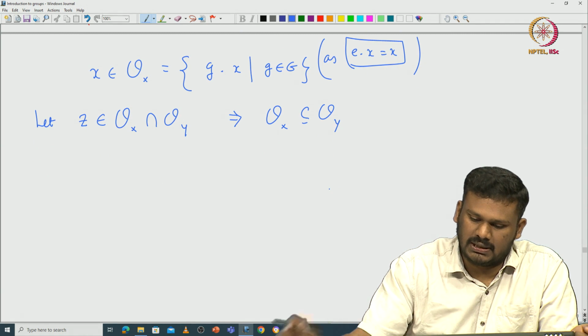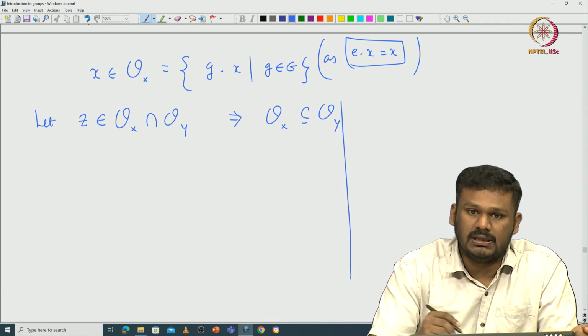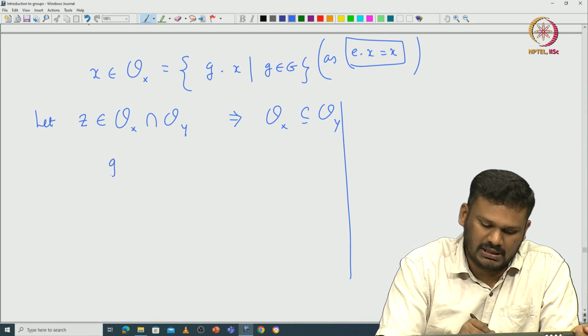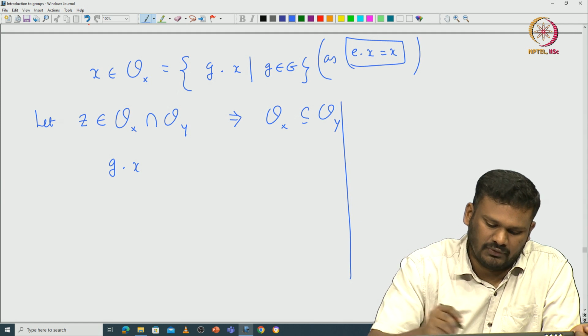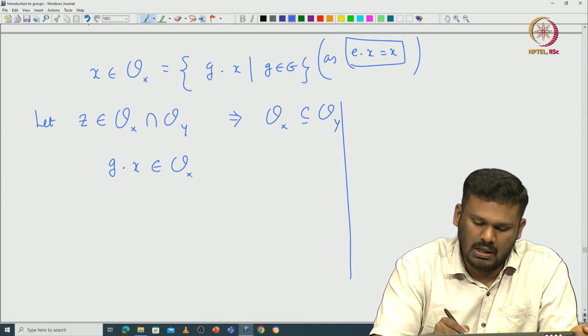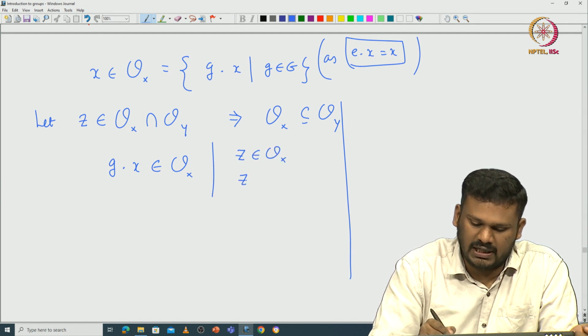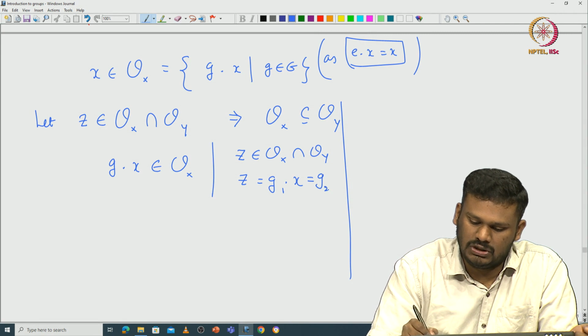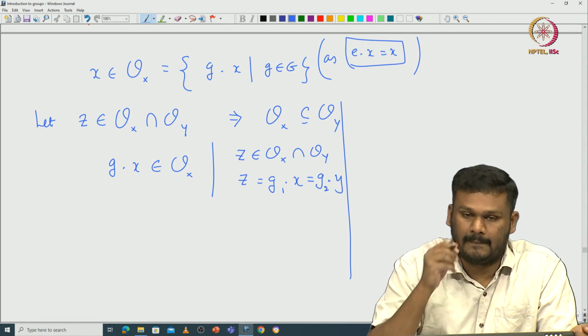How do you check this? Start with some element in O_x, say g dot x, for some g in G. Those are all the elements in O_x. But note that z is in O_x, so z can be written as some g1 dot x, and since z is also inside O_y, it can be written as some g2 dot y.